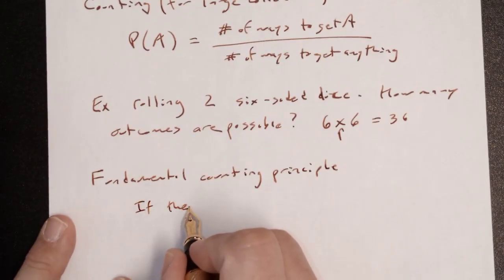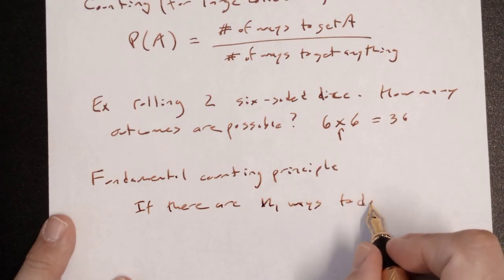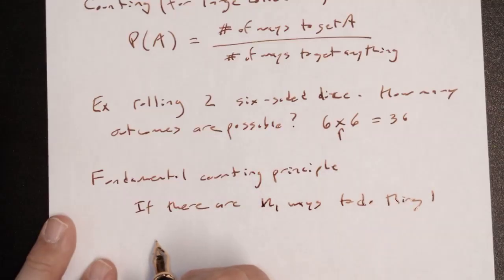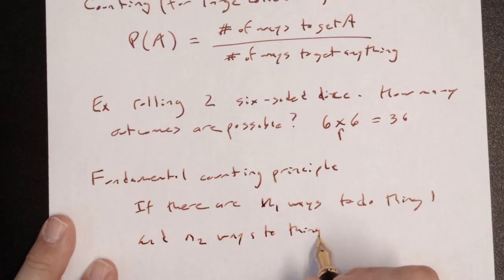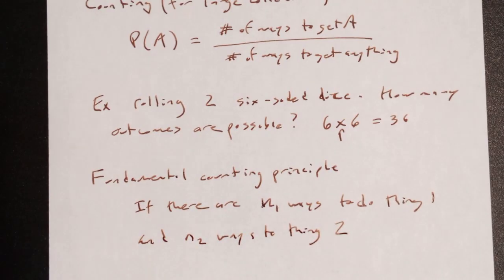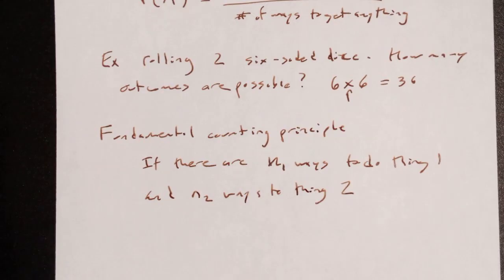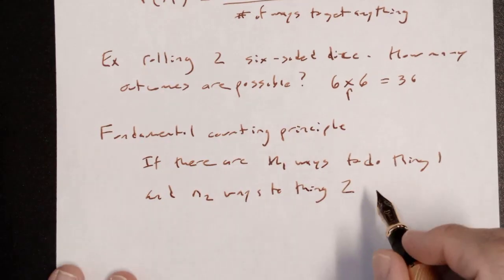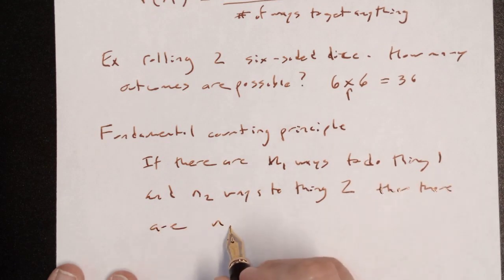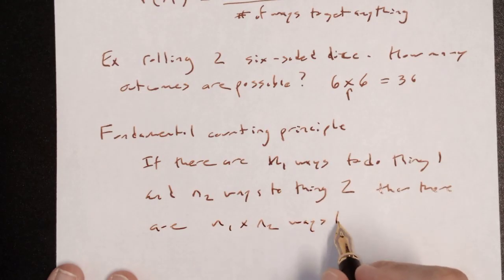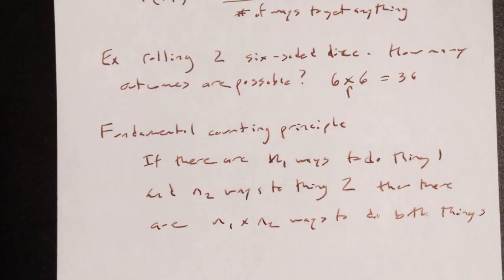If there are n1 ways to do thing number 1 and n2 ways to do thing 2, then to do both of them, there are n1 times n2 ways. And this idea extends to more.